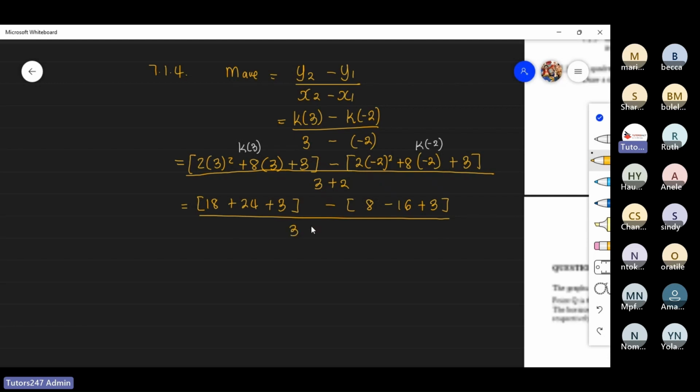And that is over 3 plus 2. So that is going to give us 45 minus -5.